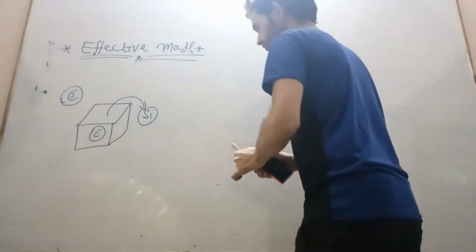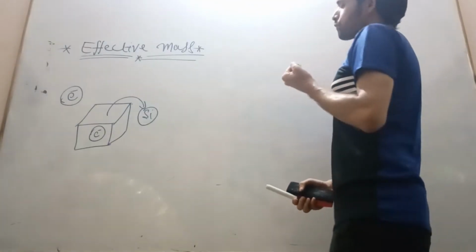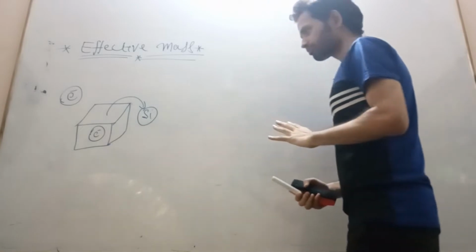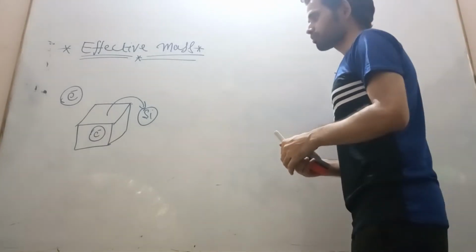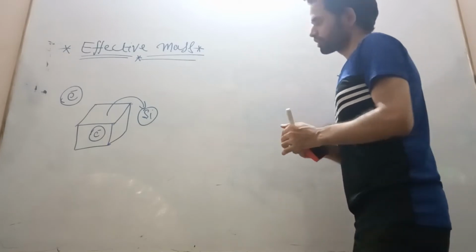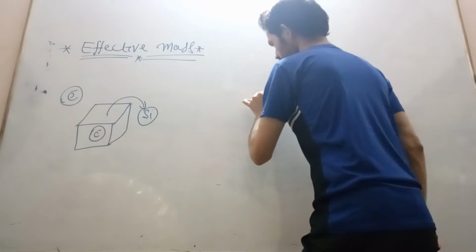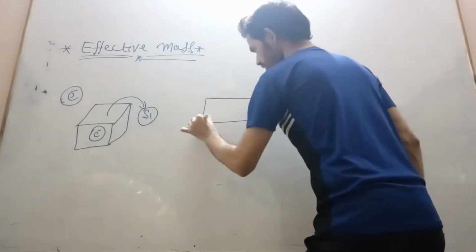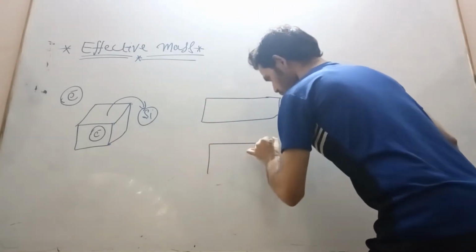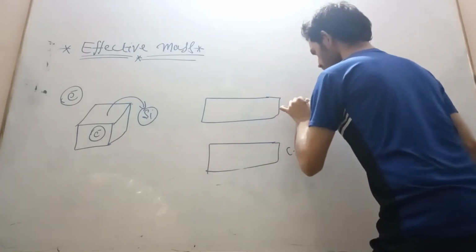As we have seen, the formation of energy band happens during the formation of a solid or crystal. We get one conduction band and one valence band.